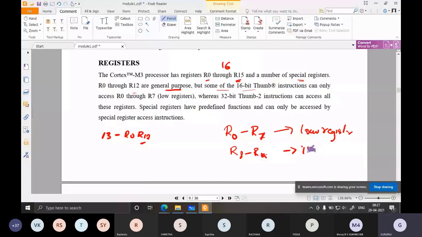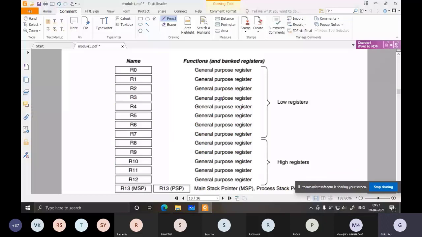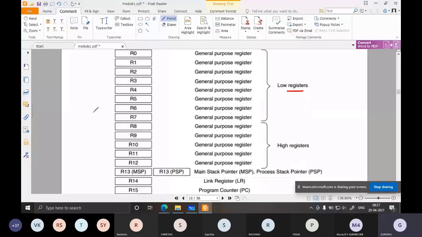You can see it here: the low registers are from R0 to R7, and from R8 to R12, these are high registers.